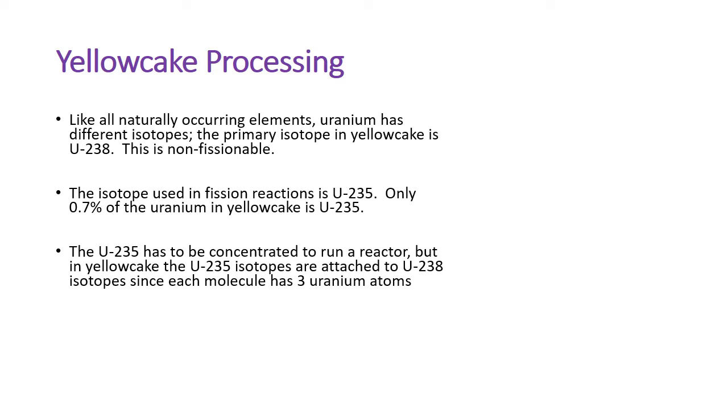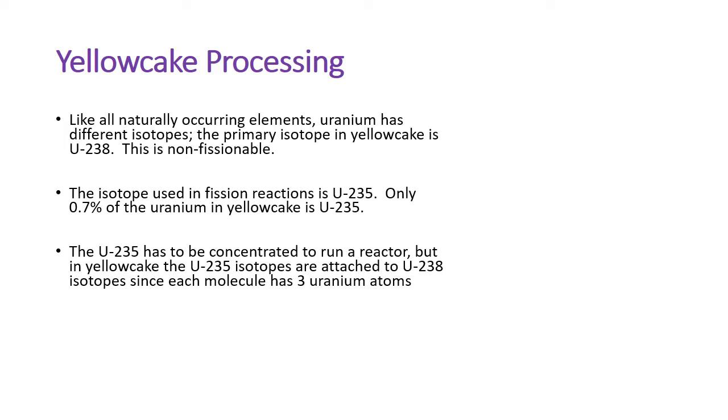So we need to concentrate the uranium for the uranium-235 isotope. So what we'd like to do is get rid of some of the uranium-238. We can do that, but we have a problem. The uranium-238 atoms are attached to the uranium-235 atoms. In truth, in most U3O8 molecules, none of the atoms are uranium-235.